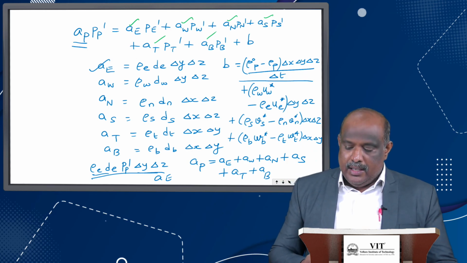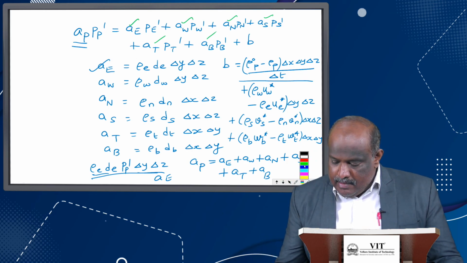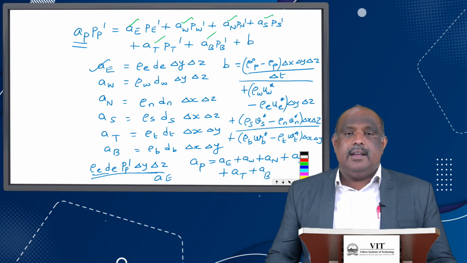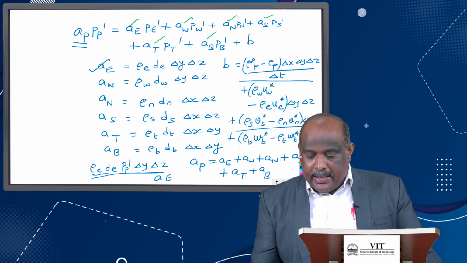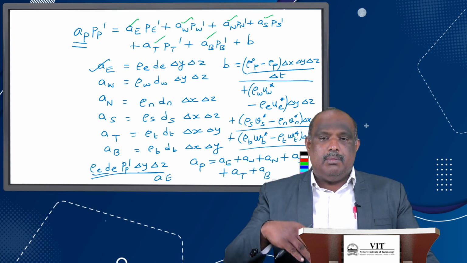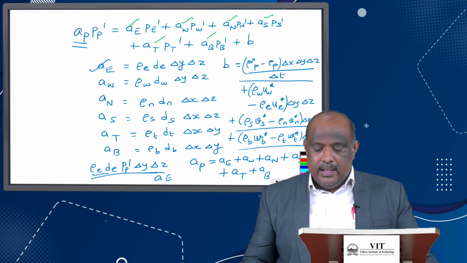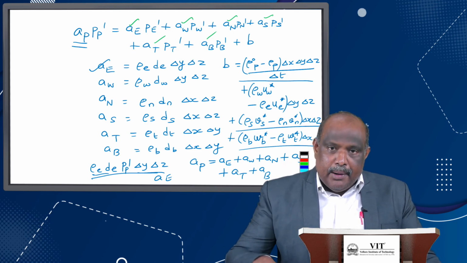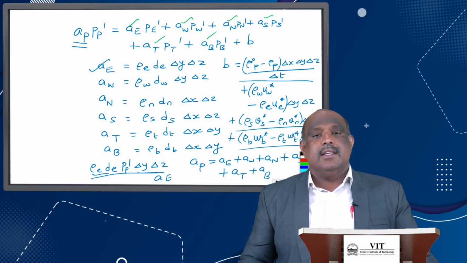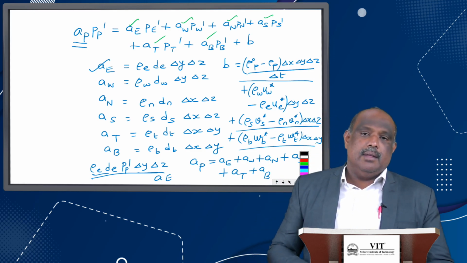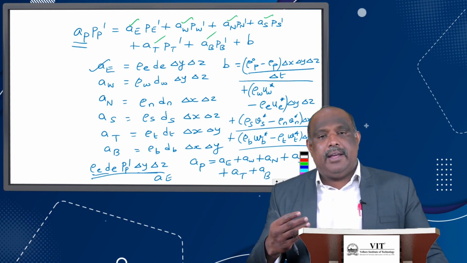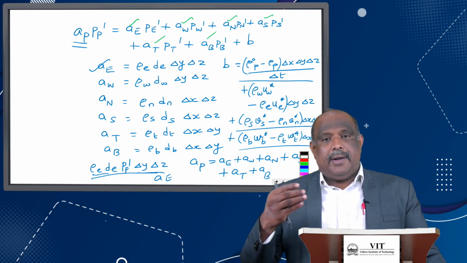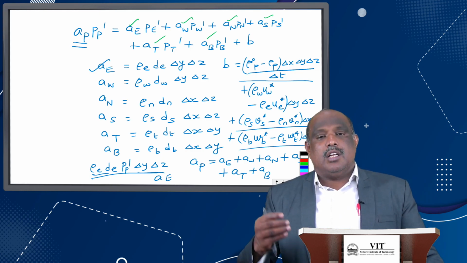This term indicates the net mass flow rate along the y direction. This term indicates the net amount of mass flow rate along the z direction. So if the B term becomes 0, it means the mass is conserved, and hence the continuity equation, which is the equation for obtaining the pressure correction, is also satisfied.